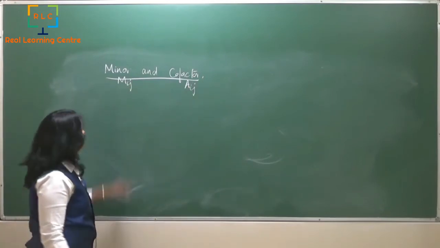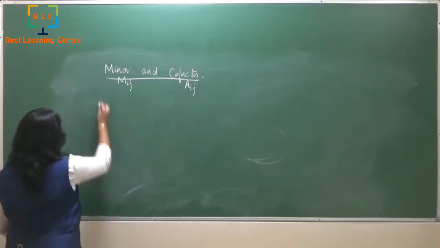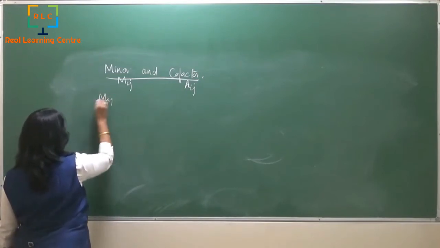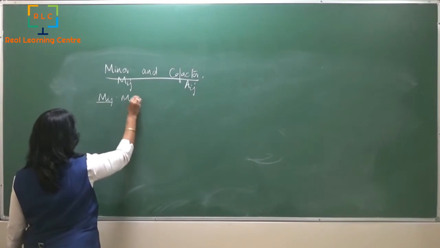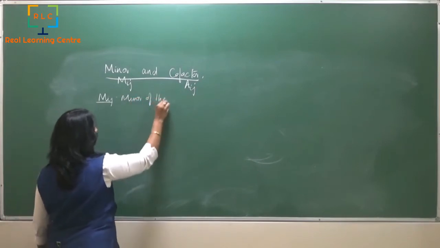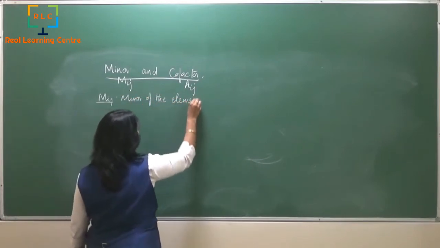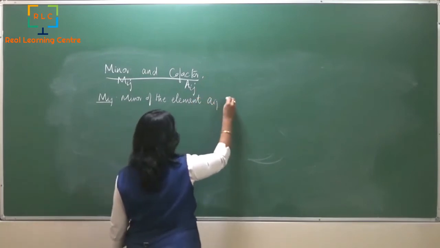So what do you mean by this Mij? Mij is the minor of the element Aij.